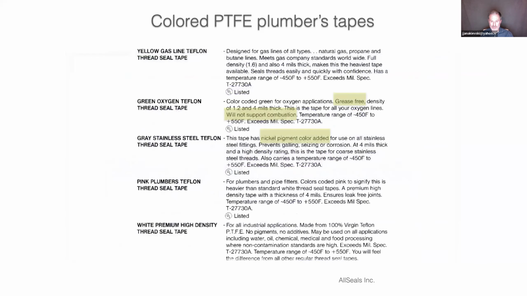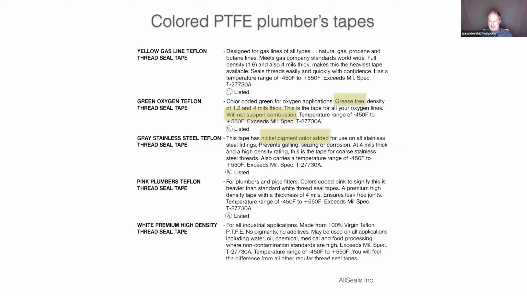Now, if you have some experience with plumbing, you'll understand that different colors of plumber's tape are made for different applications. For example, green plumber's tape is for oxygen pipes, okay? Green plumber's tape is grease-free or solvent-free, or it has less solvent than every other plumber's tape. So they go to the extra step to clean it, whereas the other tapes do not.